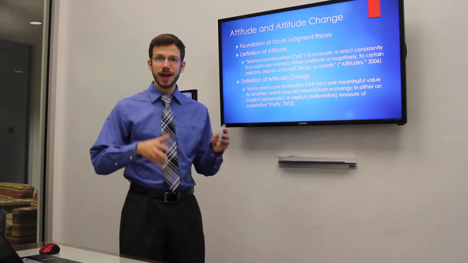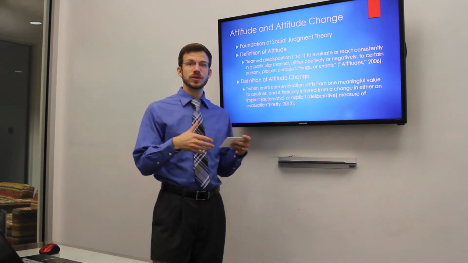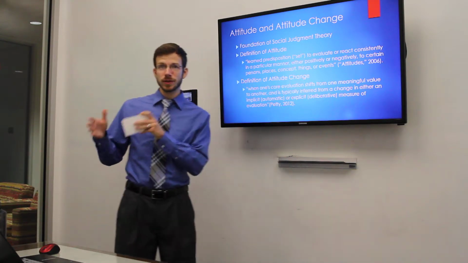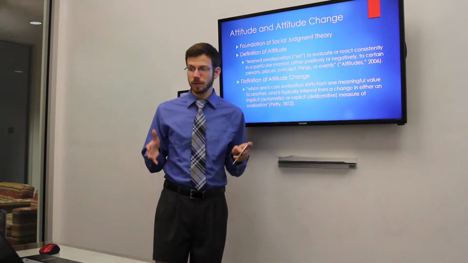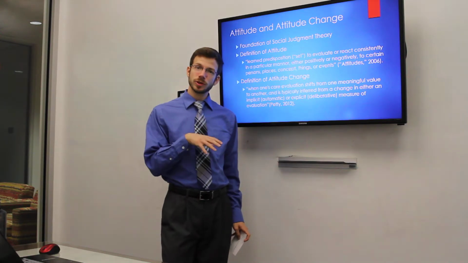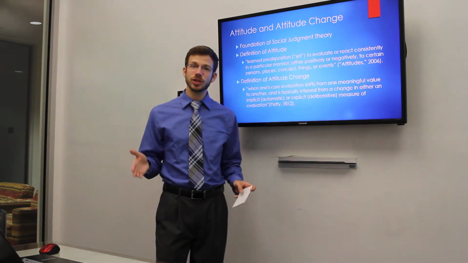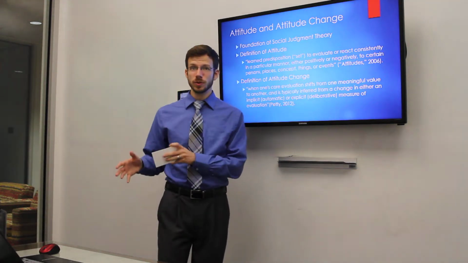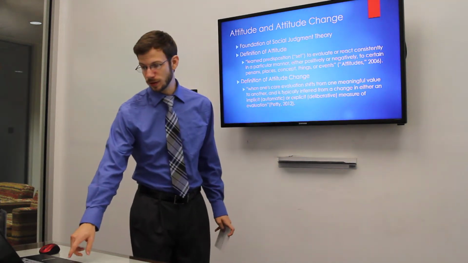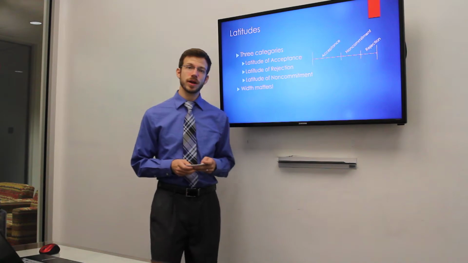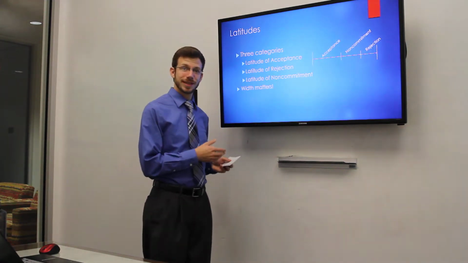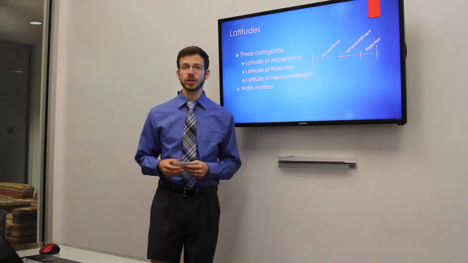And where that attitude is on the spectrum, whether it's on this extreme or that extreme or right in the middle, social judgment theory focuses on the attitude change, which is when somebody changes their position to a different one. And so the continuum I'm talking about, they label as latitudes of acceptance, non-commitment, and rejection.